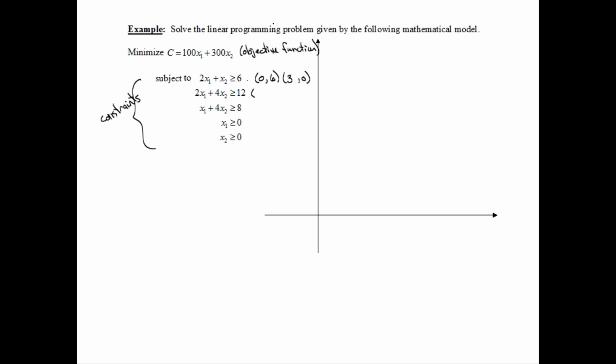Then we move to the next one. If we set our first variable equal to 0, then our x2 is 3. If we set that x2 equal to 0, our x1 is 6.